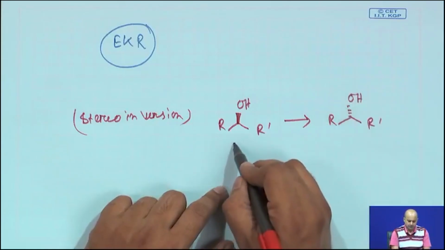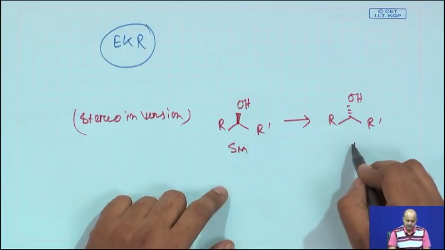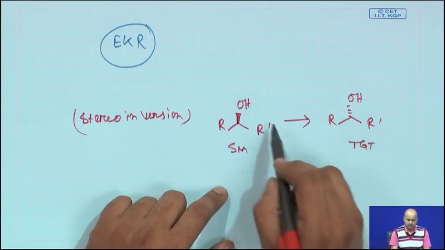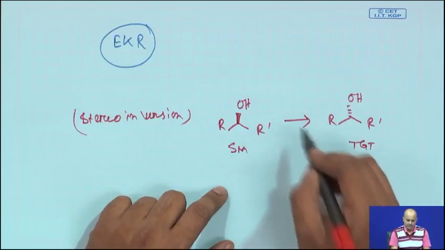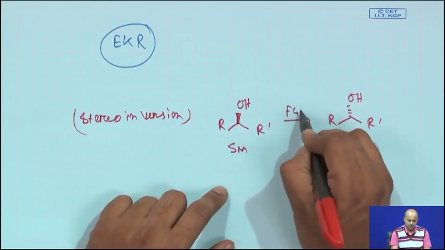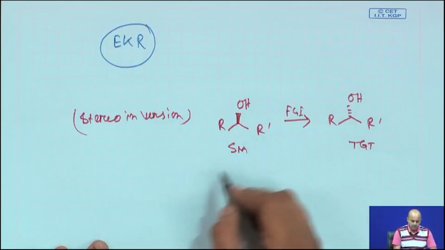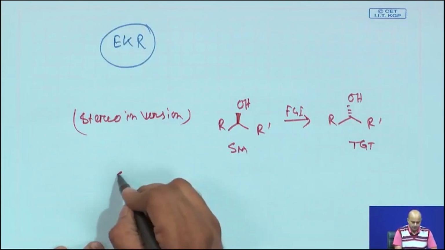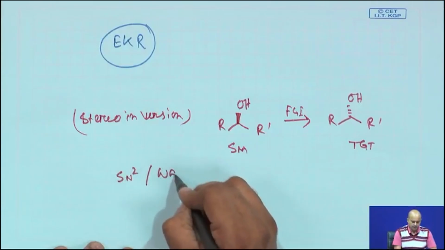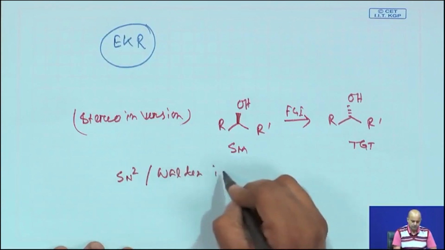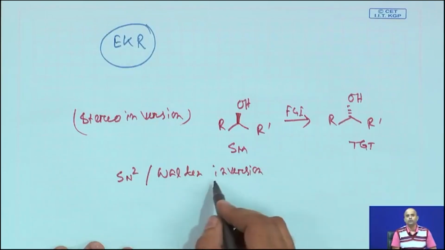Say your starting material is this, which is easily available. Now, your target molecule is this. So, can you do a simple inversion by an FGI? It is a very classical technique. Probably the best solution is you can simply do an SN2 inversion or a Walden inversion, which was done earlier.